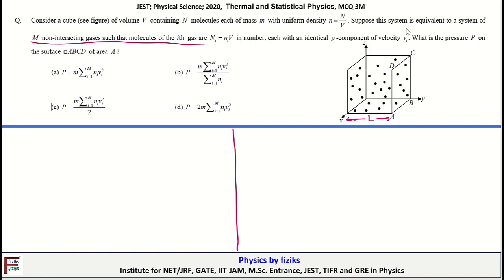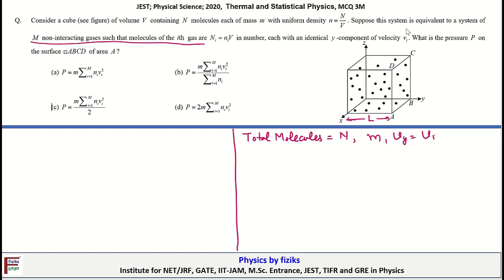So in order to solve this problem, as per the instructions given in the statement, we will divide these N molecules. We have total molecules N. All of them are identical with mass m and the same component of velocity vi along the x direction. It's the same for all the gas molecules.